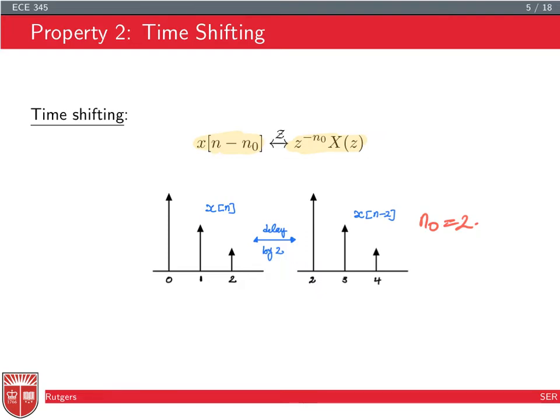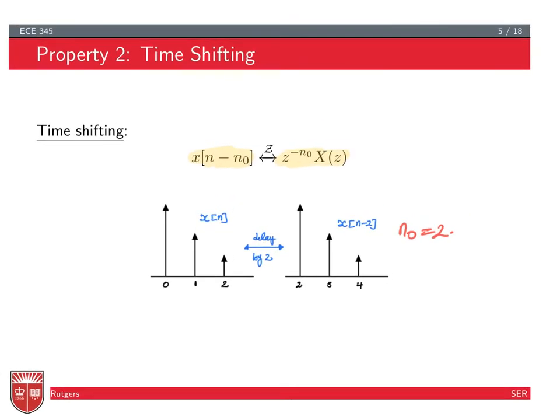Let's just take random numbers. Suppose this is 10, and this is 7, and this is 3, and also 10, 7, and 3 here. Then you know that x of z is 10 plus 7z to the minus 1 plus 3z to the minus 2, right?